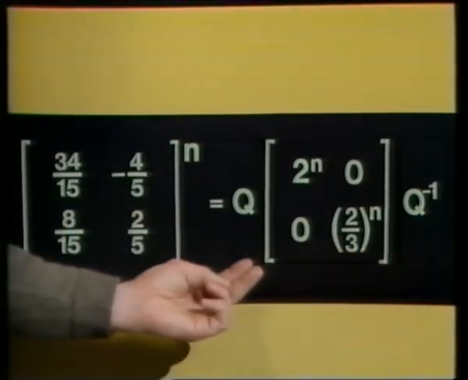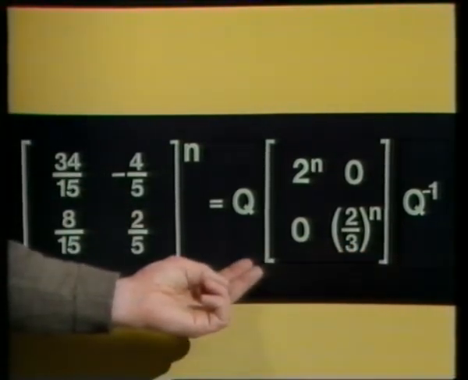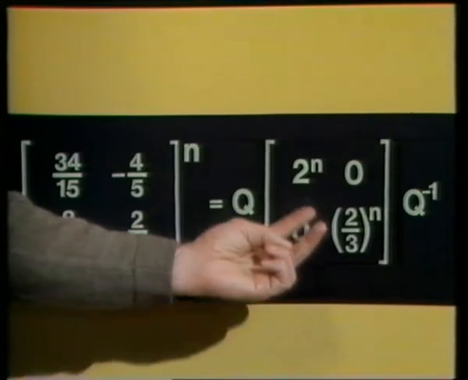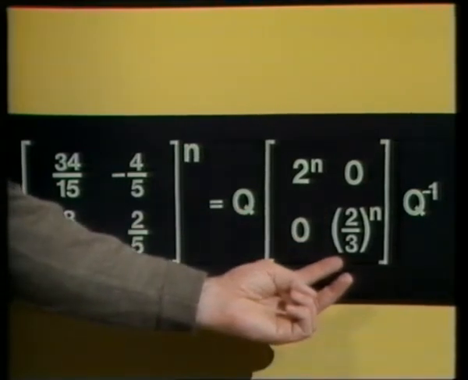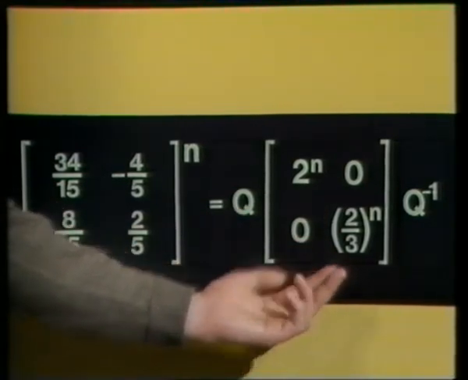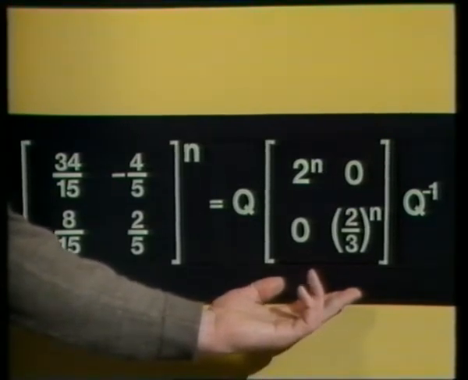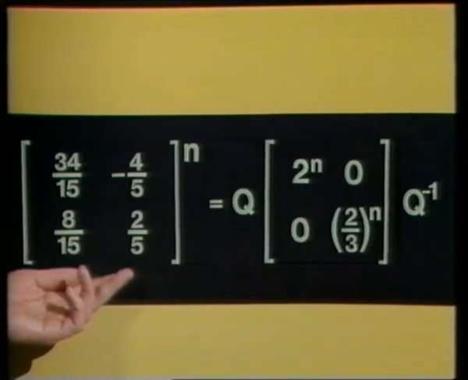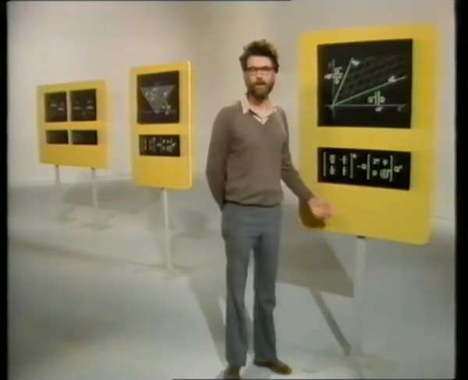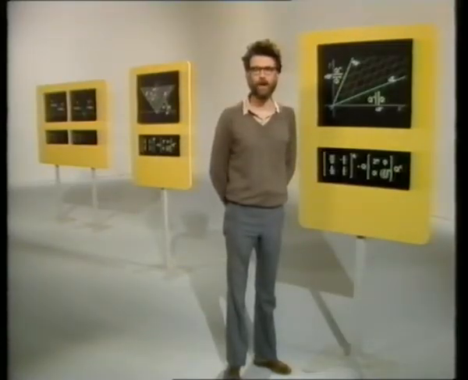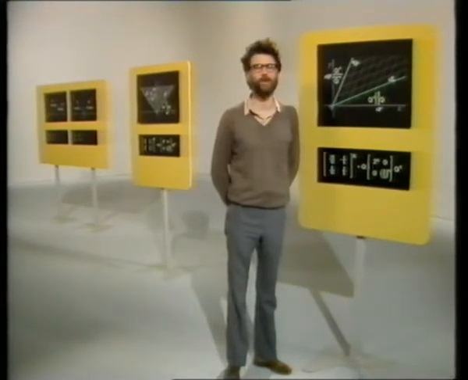The same Q because it's the same eigenlines, but the entries in the diagonal matrix are the new eigenvalues, 2 to the nth and (2/3) to the nth. And to calculate this product of matrices is much simpler than to calculate, say, the 10th power of the original matrix directly.